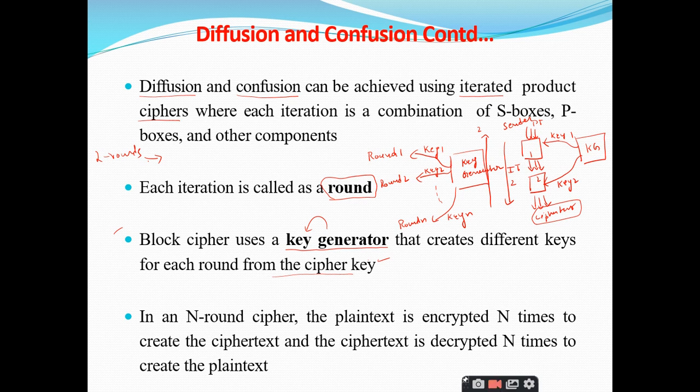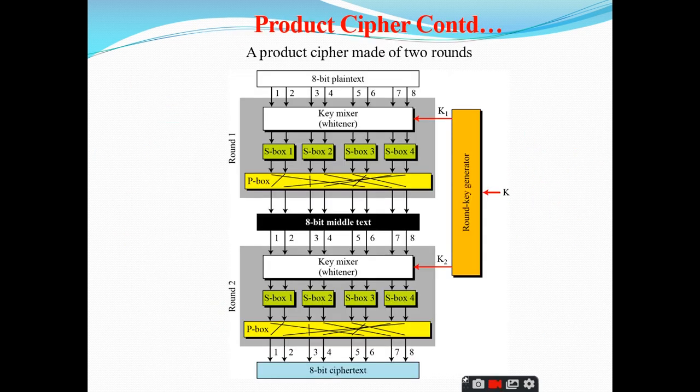Similarly, if I have an n round cipher, which has n rounds, you have n encryptions, that means the same text is encrypted n times, and the same ciphertext is decrypted n times. Is it clear up to this point?